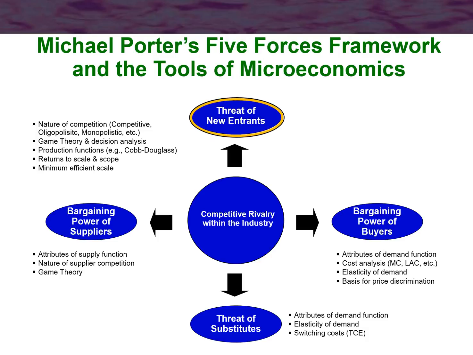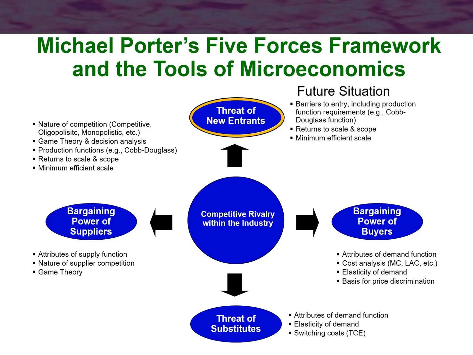Now, what about this? Threat of new entrants. This is the one that looks at what could happen if people hop into the industry. This is your future. So these four deal with your current situation. The threat of entrance is a future situation, and this is what we're trying to predict.